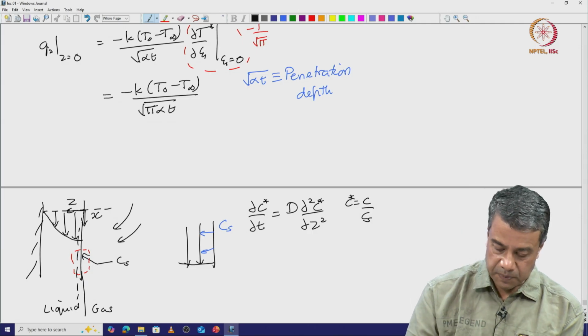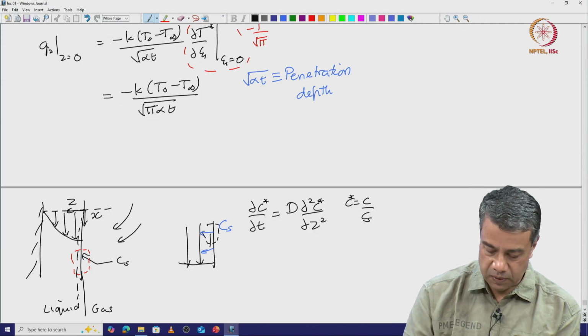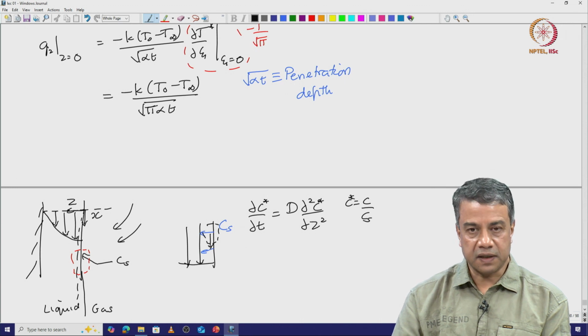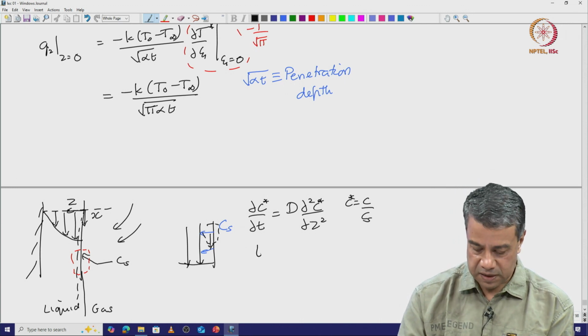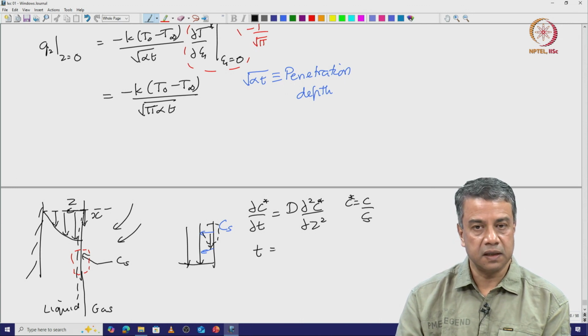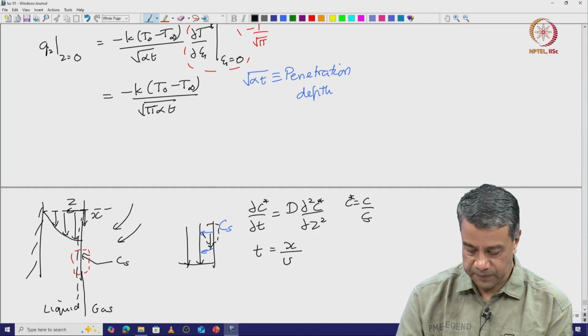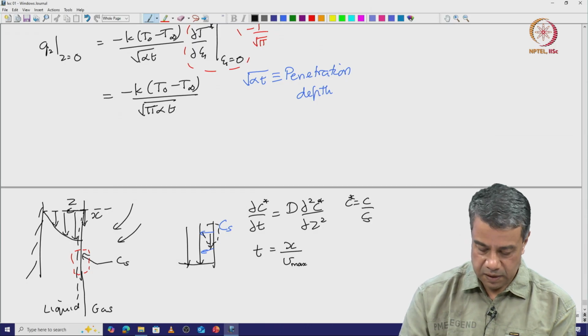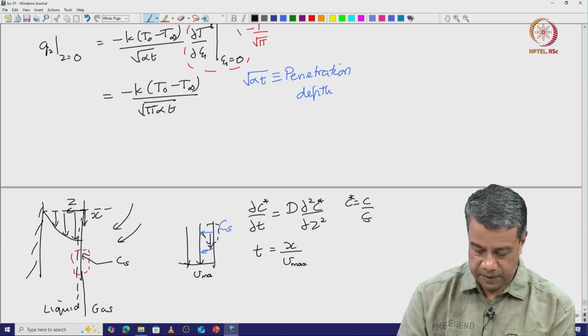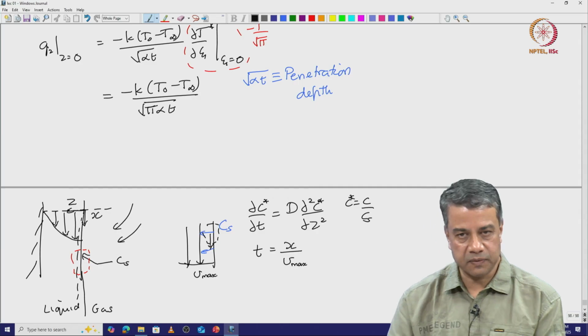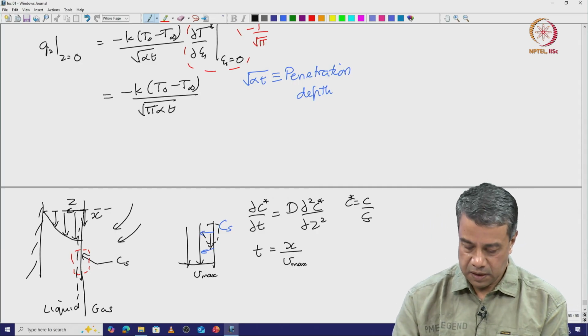So, for a parcel of fluid that is travelling downwards, I can identify the time of contact as the ratio of the distance travelled divided by the velocity, where V max is the maximum velocity.